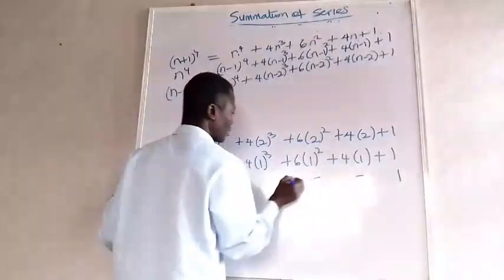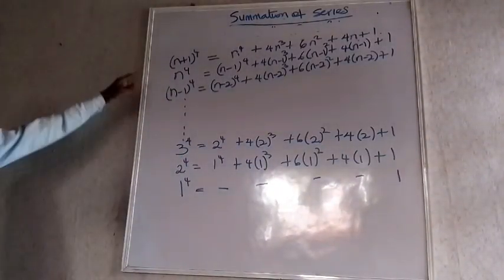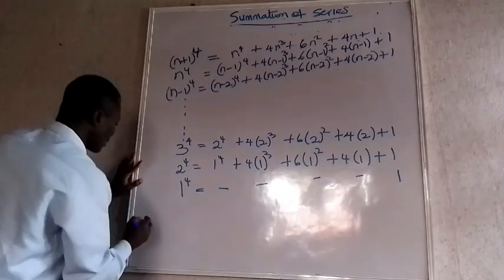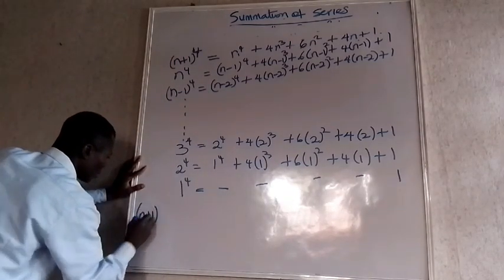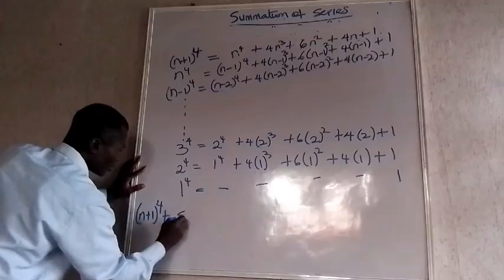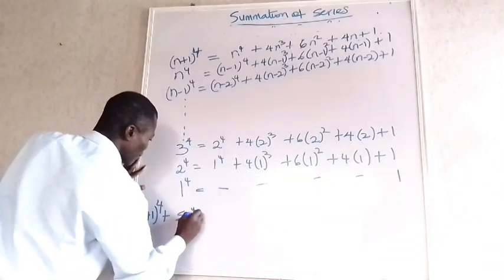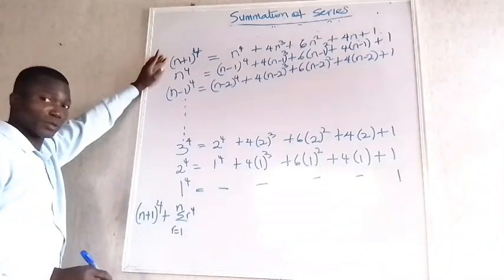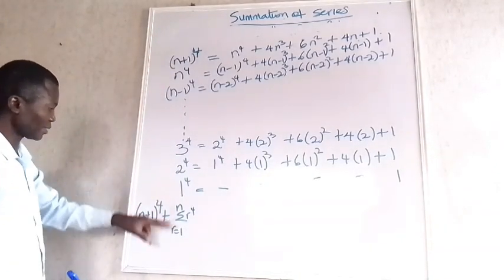Now, just like we did in the previous one, I like to express this as n plus 1 raised to the power 4 plus summation r raised to the power 4 from r equals 1 to n. You know this one got to n plus 1, so I added it from here. This is the expression from here to here.